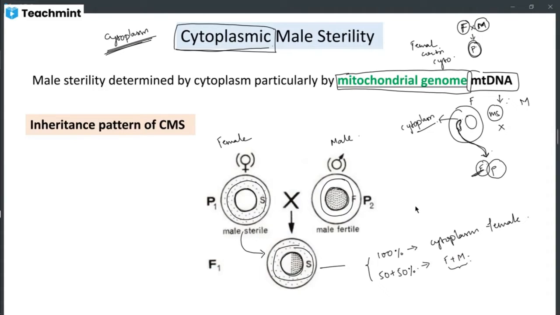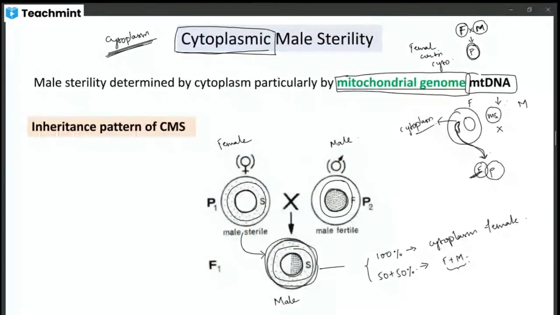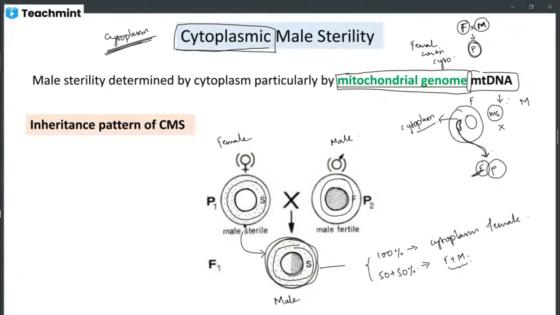As the cytoplasm completely comes from the female side, what will be the fertility status of the progeny, whether male fertile or male sterile? How will be the fertility status of your progeny when we cross a female with male, where the female has the sterile cytoplasm?